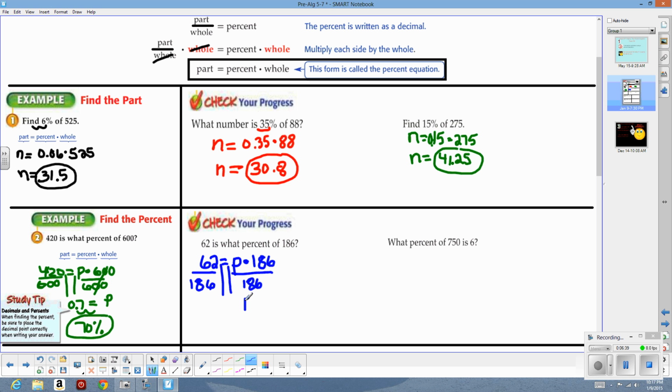So we're going to end up with p equaling 62 divided by 186, which is 0.3 repeating. So as a percent, since we need a percent, we're going to move it 2 places to the right. And since these are all 3's, it's going to be 33.3 repeating, or 33 1/3%.